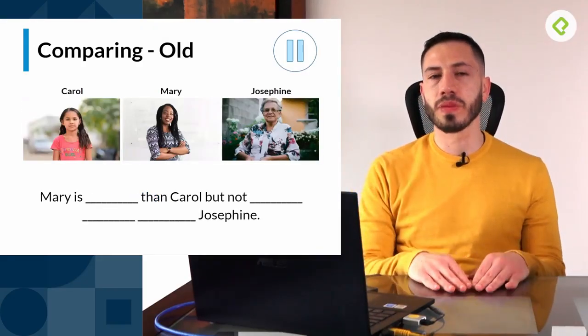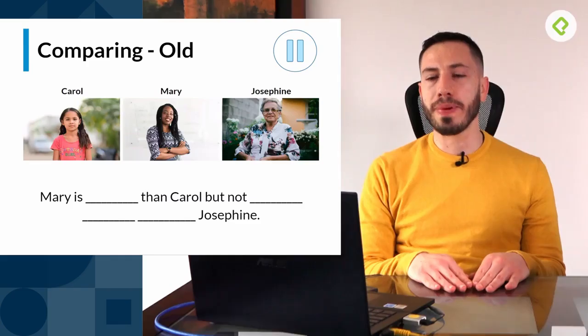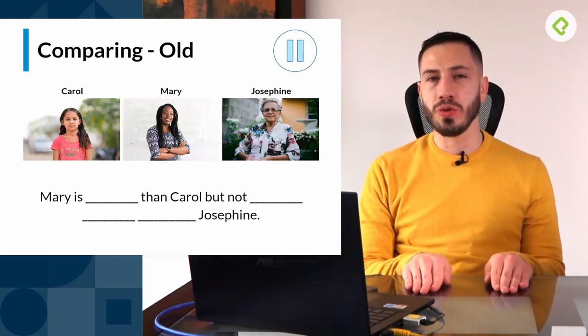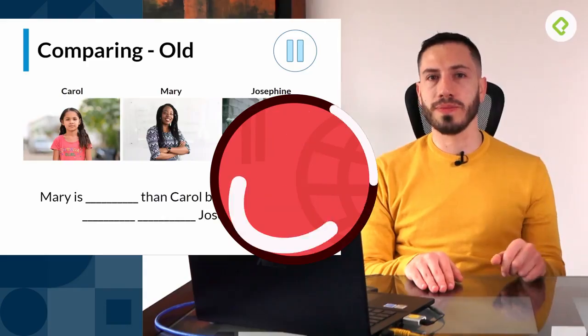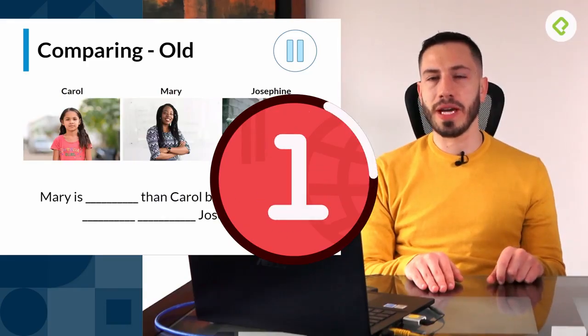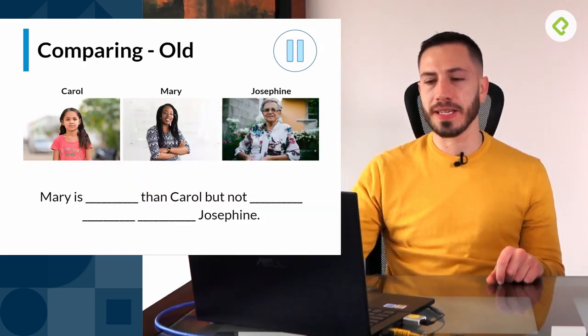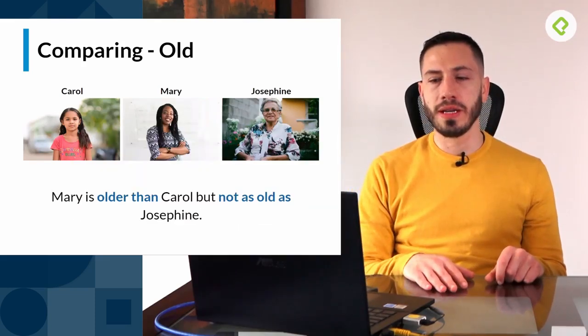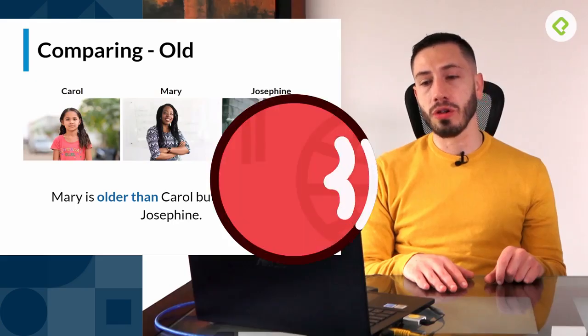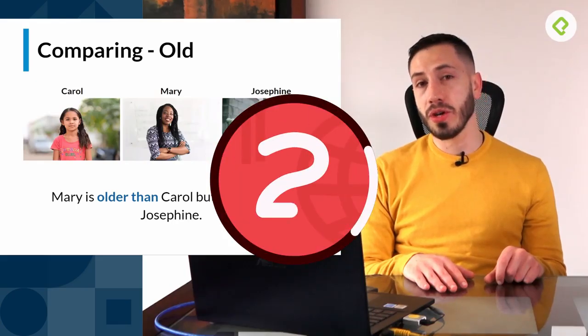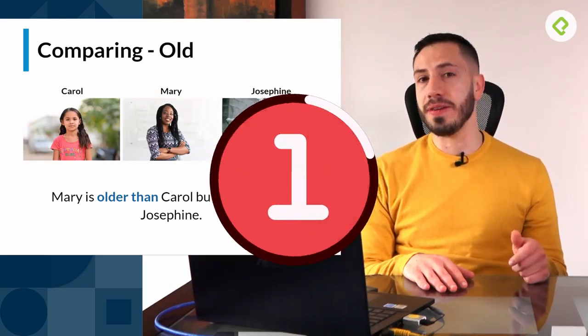Another one? Good. Why don't we compare Carol, Mary, and Josephine using the word old? Let's start with Mary. Pause the class now and try to figure it out. Perfect. The answer should be Mary is older than Carol, but not as old as Josephine.